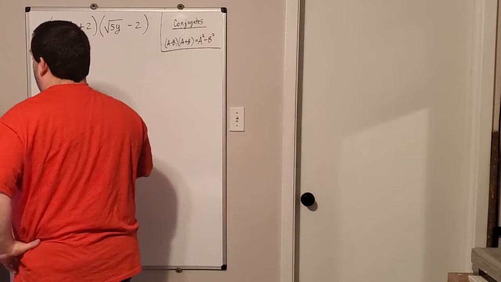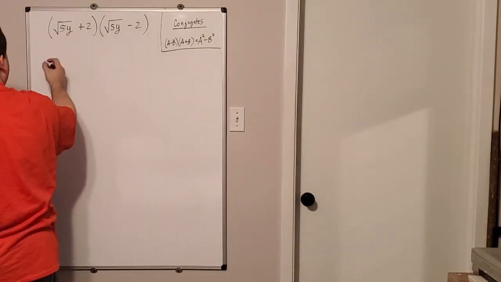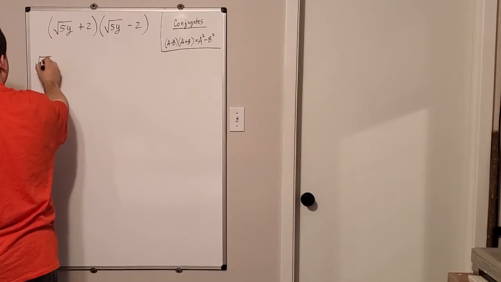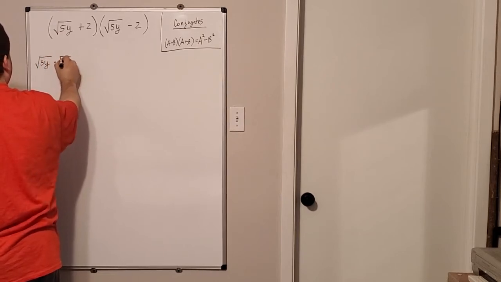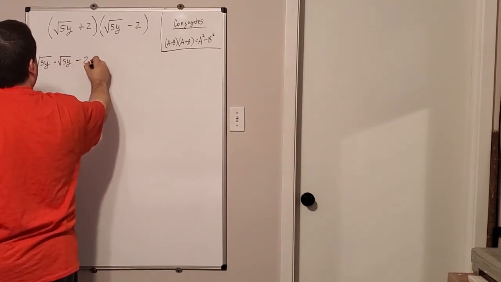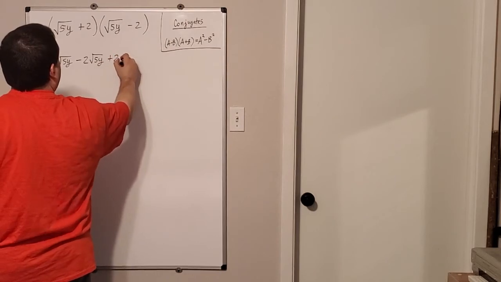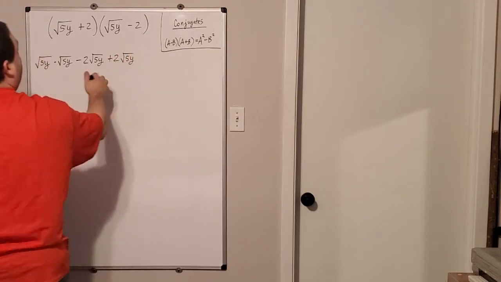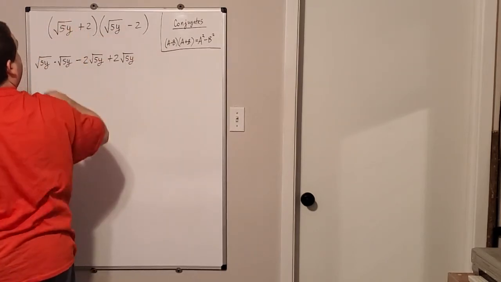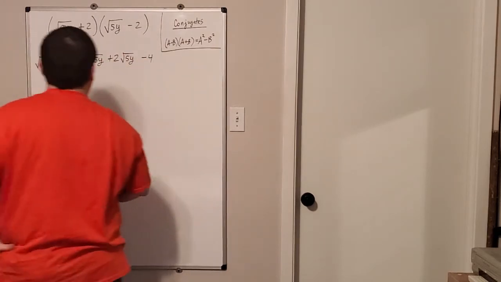Okay, so let's go ahead and multiply this out like we did the last one. I've got square root of 5y times square root of 5y, minus 2 times the square root of 5y, plus 2 times the square root of 5y, right? That's here and here. And then 2 times negative 2 gives me negative 4.